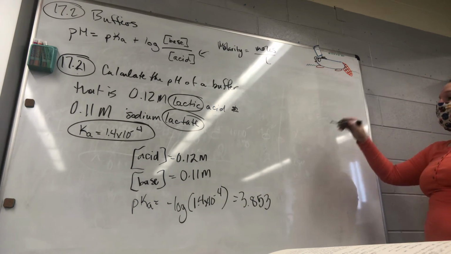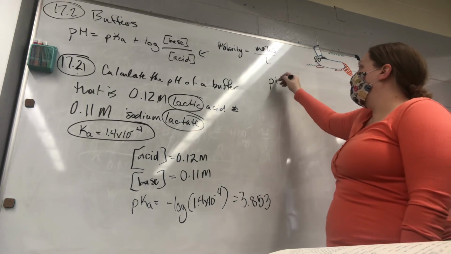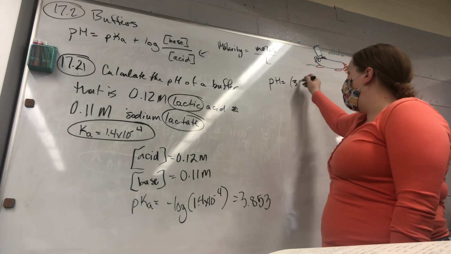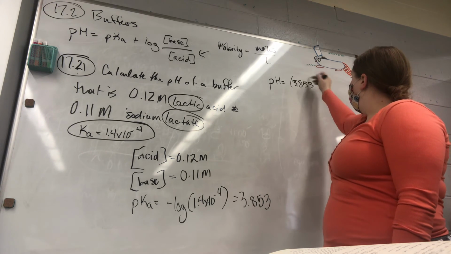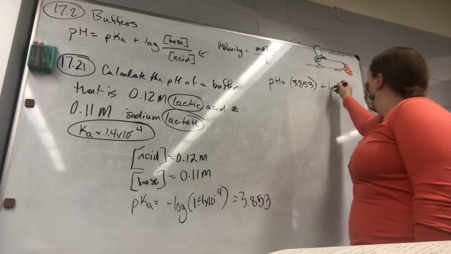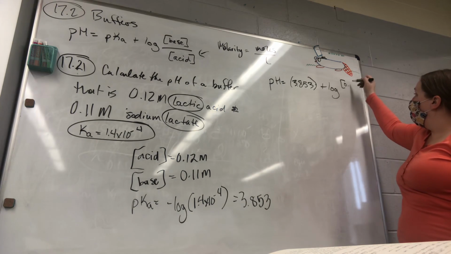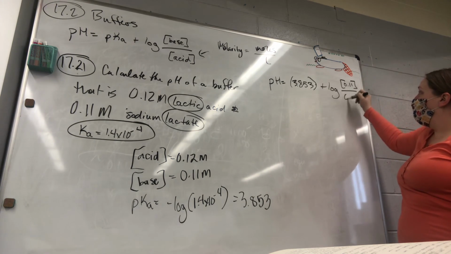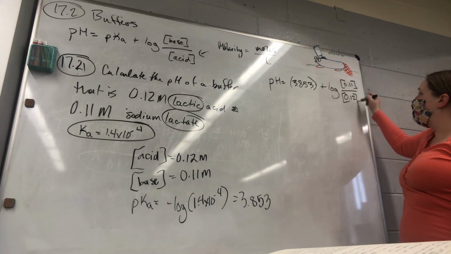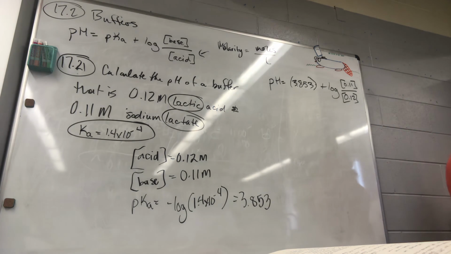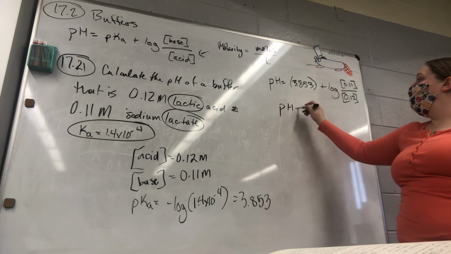All right, so I'm going to plug stuff in. I was asked a pH. I now know the most common mistake in these types of problems is mixing up the acid and the base and putting the wrong number on the fraction. What'd you get, Ryan?